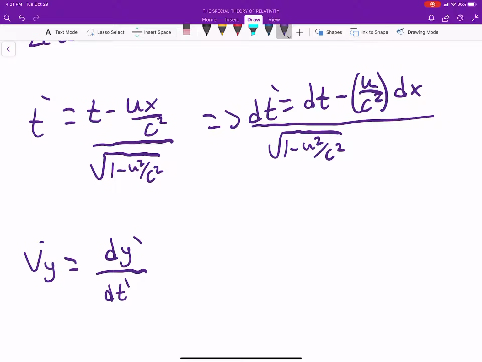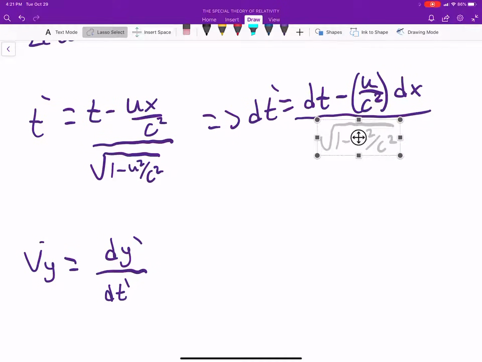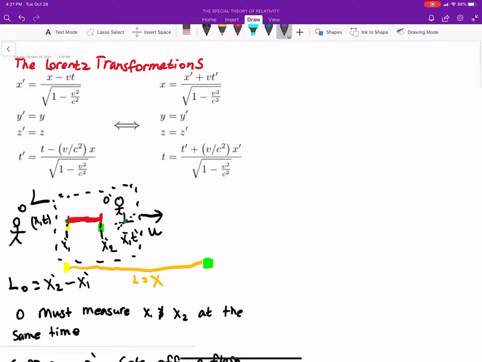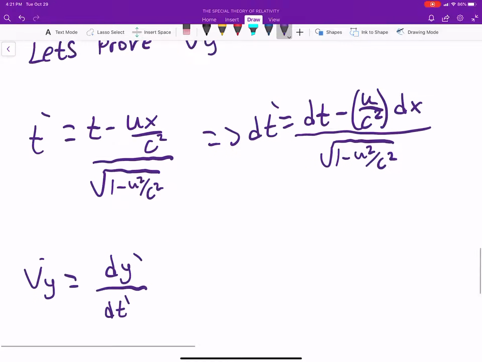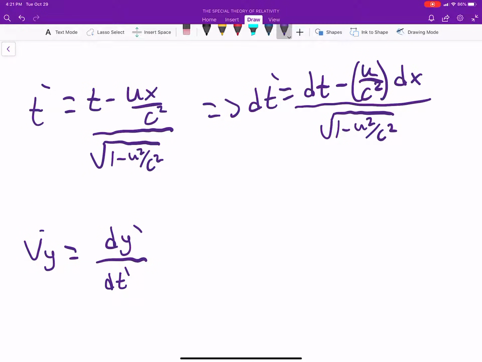Well, this should only be under here. Let me lasso that in. There we go. So in our denominator, we're going to have dt prime.